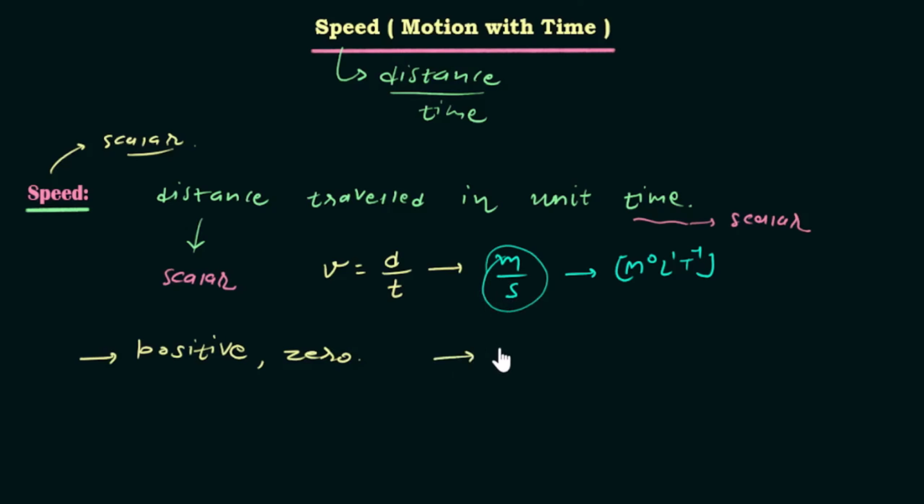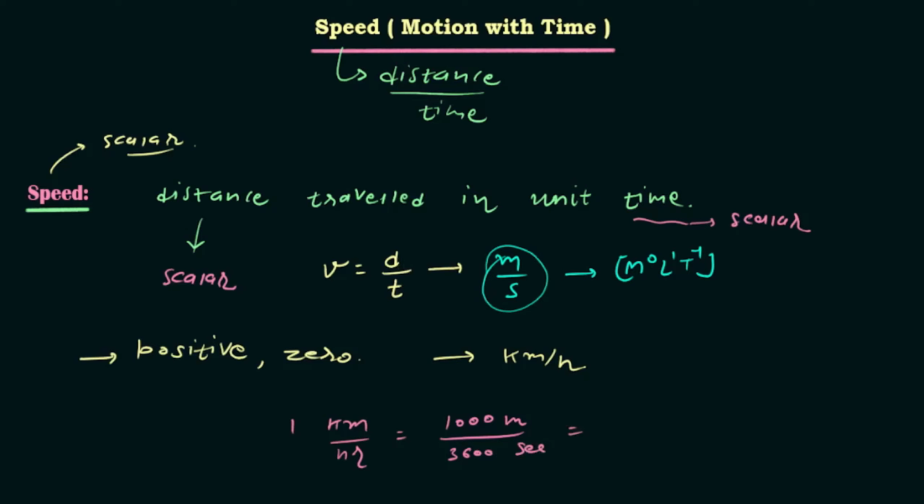The one unit we commonly use in the SI unit system is meter per second. Another unit which we use in real life is kilometer per hour. Basically 1 kilometer per hour can be written as 1 kilometer is 1000 meter and 1 hour is 3600 second, right?